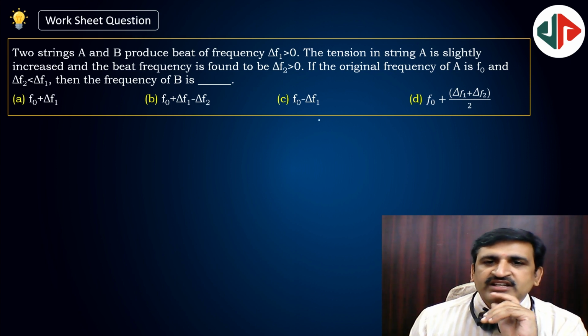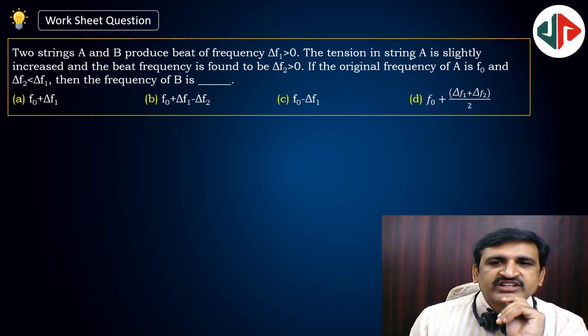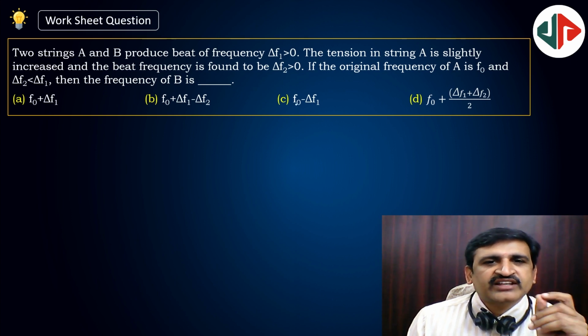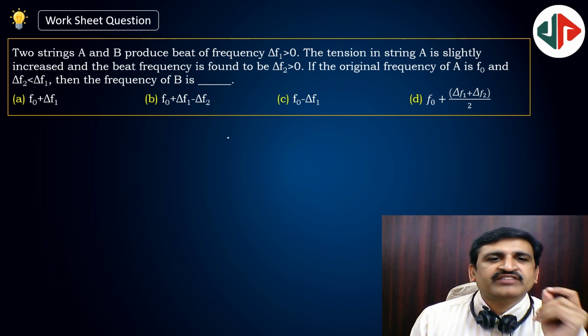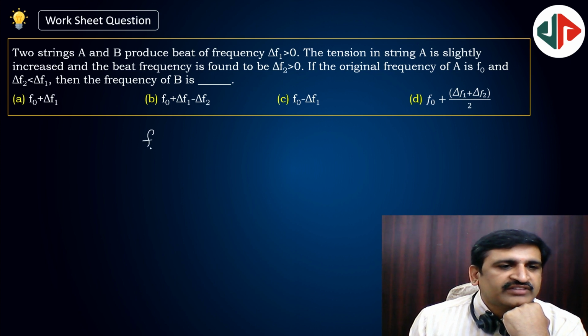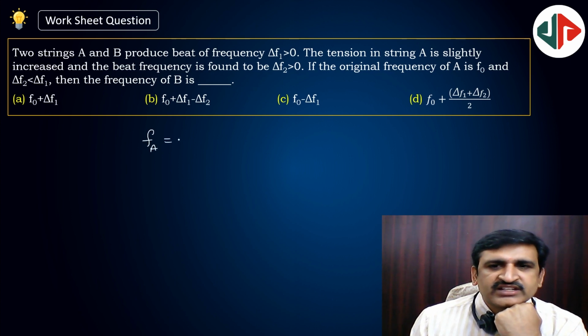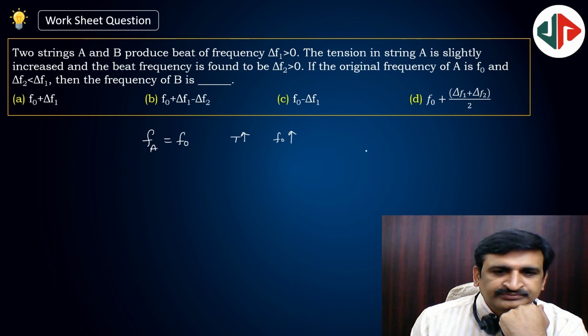Why? Because the tension of string A is slightly increased. Tension of A increases means automatically A's frequency increases, which he told is F0. If you increase the tension, then F0 will increase.